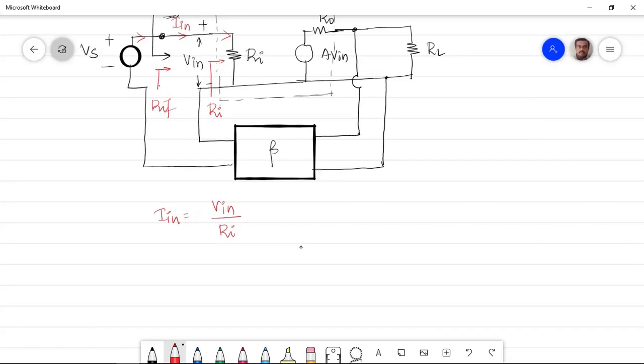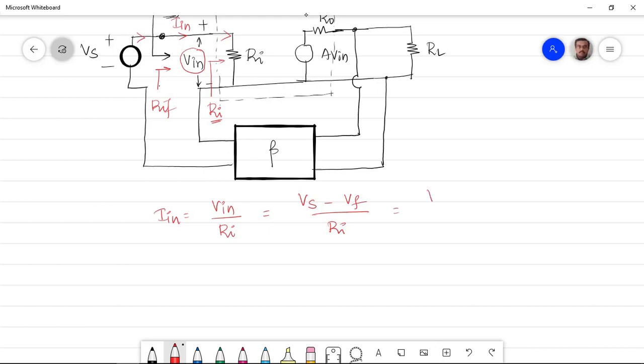So this In that I've written here is right now considering this voltage and the resistance that is offered by the amplifier alone, which is Ri. Now this can be further written as what? I can write it as Vs minus Vf divided by Ri, because I know what Vn is equal to.